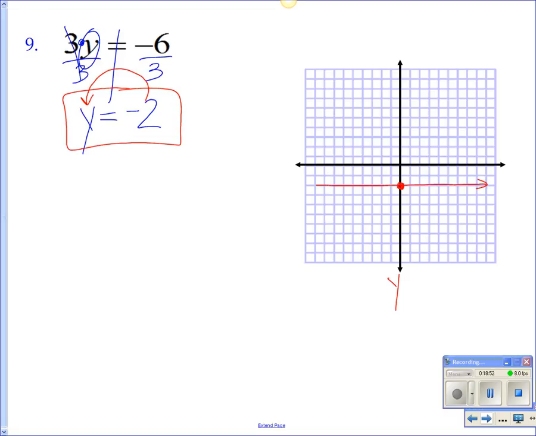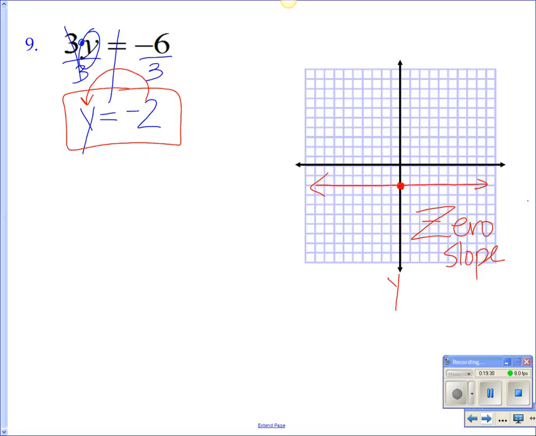You wouldn't want to draw it straight up and down. See how there's already a black line right here? So you wouldn't want to draw it on top of that. So your line needs to go this way. It needs to go through this point, but you don't want to draw a line where there already is an axis. Okay, so your line goes straight across. That's it. Does anybody know what kind of slope this line has? 0. 0 slope. Okay?